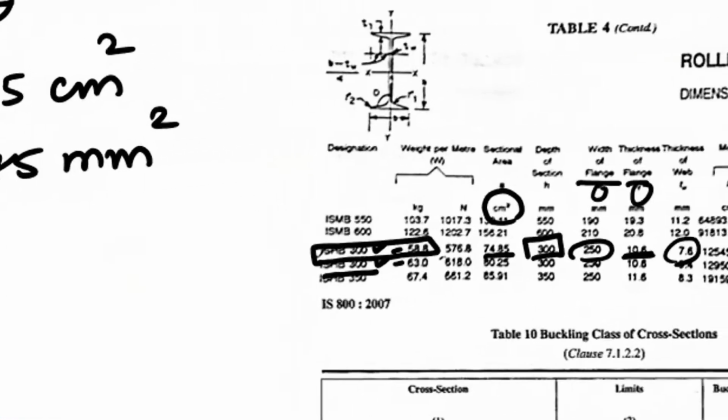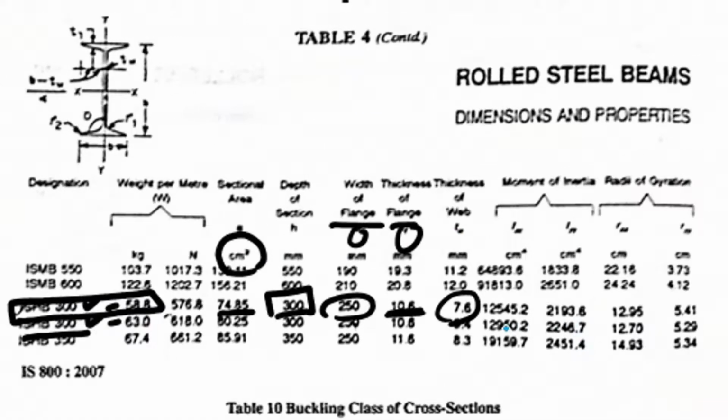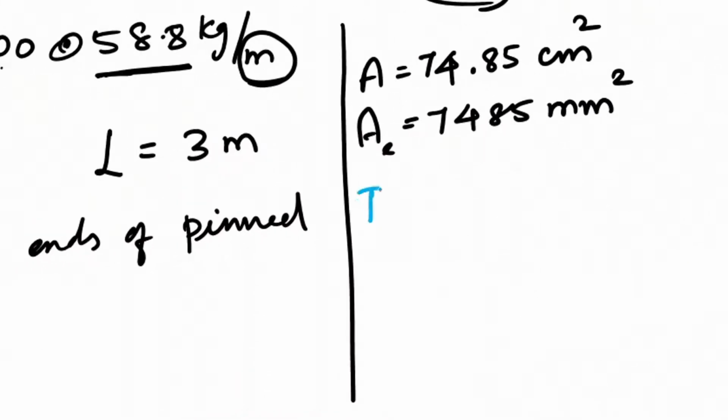So if you go back to the steel table and check the moment of inertia about the axis XX and YY, it is clear that YY has the least moment of inertia, that is 2193.6 centimeter power 4. So IYY is 2193.6 centimeter power 4.